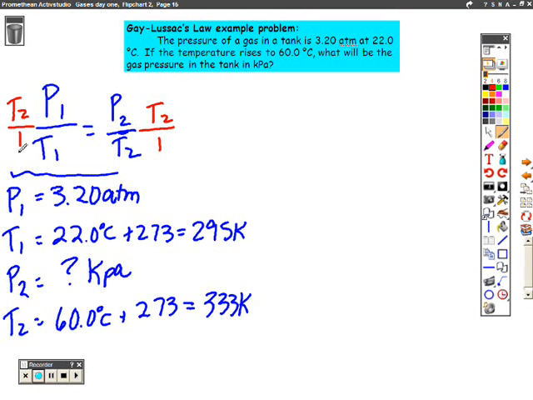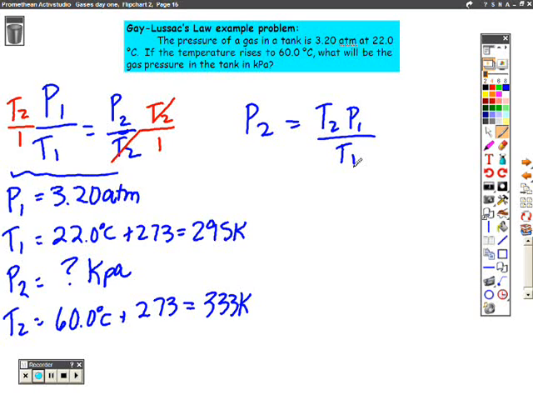And when I do that, that allows my T2s to cancel on the right side of the equation. So now, my new equation is P2 equals, I'm looking at this side first, doesn't matter if I put the P2 on the right side or the left side, equals T2 P1 over T1.